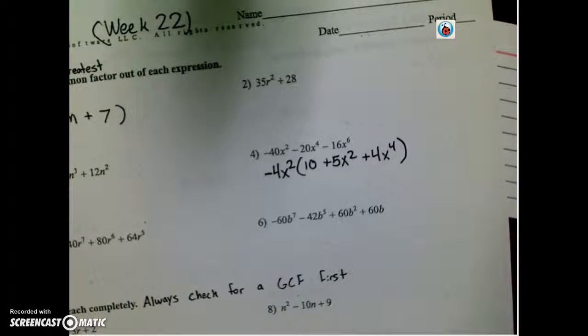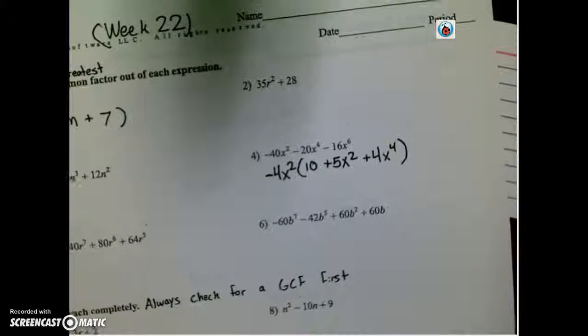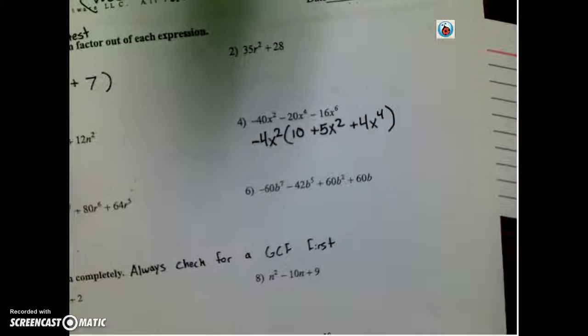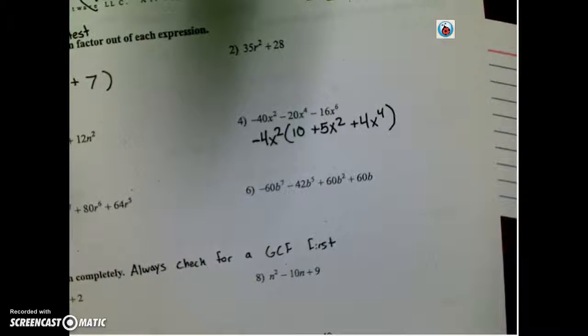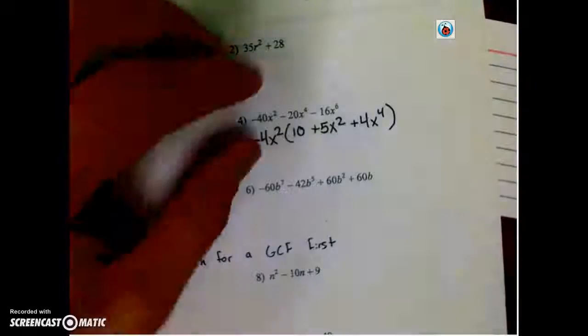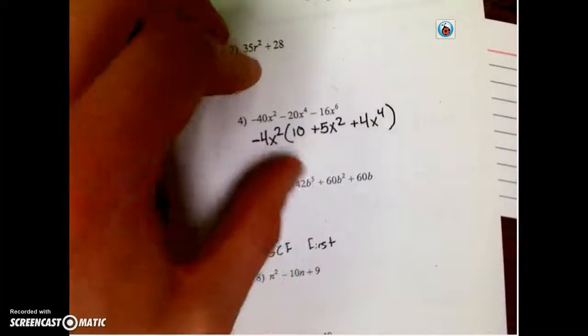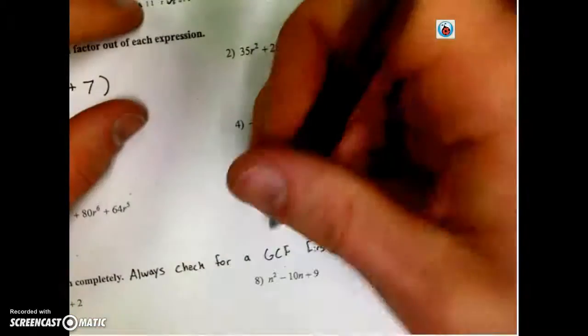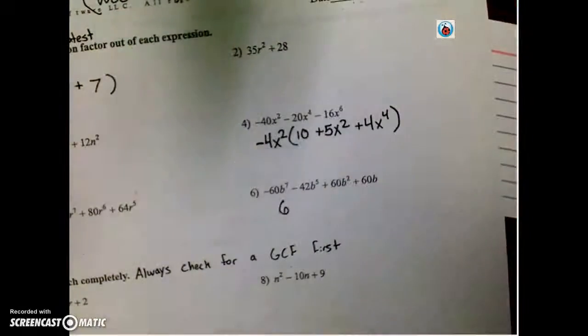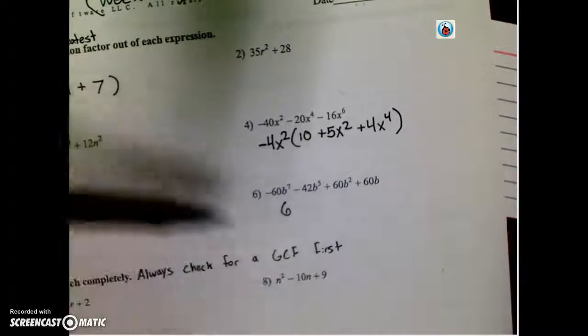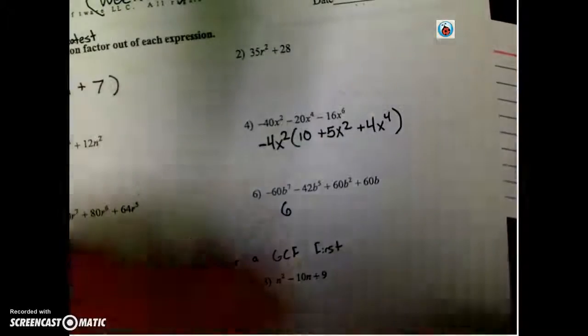Alright, so when looking at these, remember, you're always trying to find the greatest common factor. What's the most amount that we can take away from everything? Alright, and so I'll give you a hint here on number 6. I'll tell you that the greatest common factor that we'll be able to take out is going to be, if I'm looking at it, the largest number. I'm going to go ahead and make it a negative 6. That way we can get our first term to be positive.